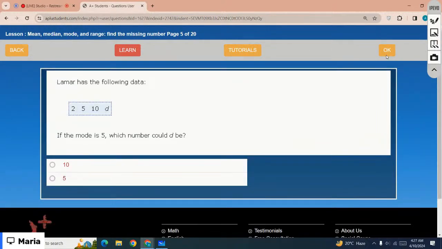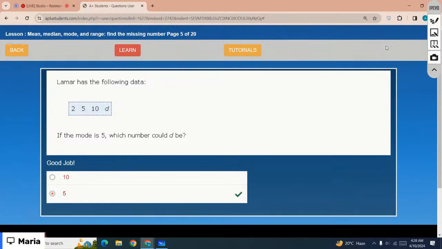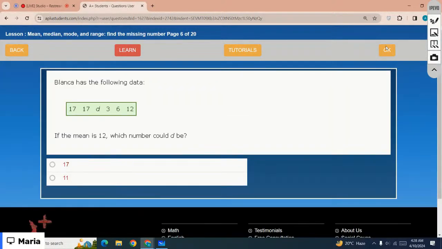Lemon has the following data. If the mode is 5, what number could D be? Yes, D is 5 because mode is the number that appears the most of the time in the given data, right? So D must be 5.